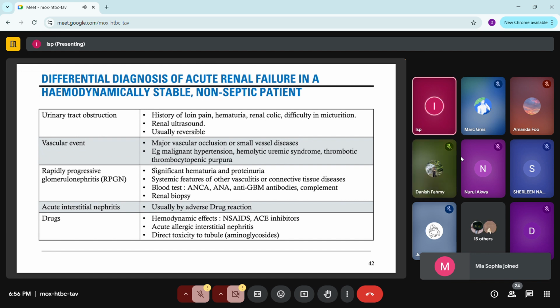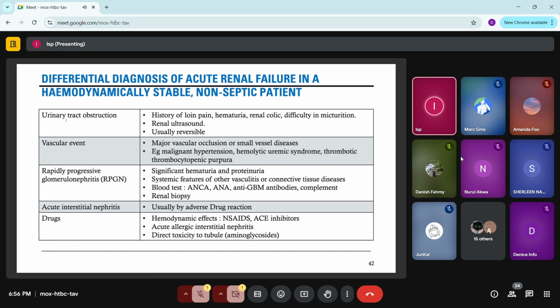Okay. So these are the other common causes that you need to know for acute renal failure. Differential diagnosis of acute renal failure in the hemodynamically stable patient means it's not pre-renal causes. So common thing is still your post-renal causes.